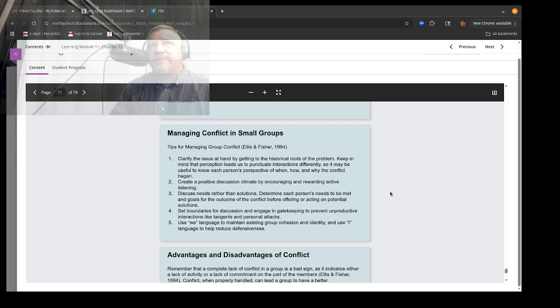When we think about managing conflict within small groups, we need to clarify the issues at hand and we need to get to the root of the problem. Be mindful that perception leads us to punctuate interactions differently. So one person can feel like things went fine and the other person thinks it was all a disaster, right? Create a positive discussion climate by encouraging and rewarding active listening.